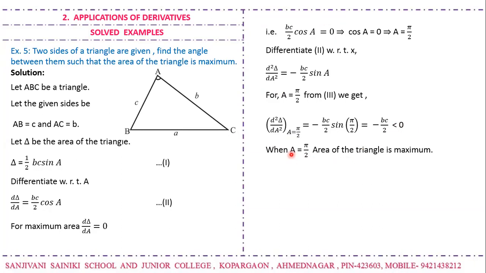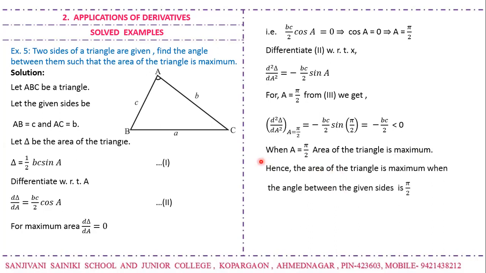So when A is equal to pi by 2, the area of the triangle is maximum. Hence, the area of the triangle is maximum when the angle between the given sides is pi by 2. That means if we want the area of the triangle to be maximum, we must take the triangle to be a right angle triangle.